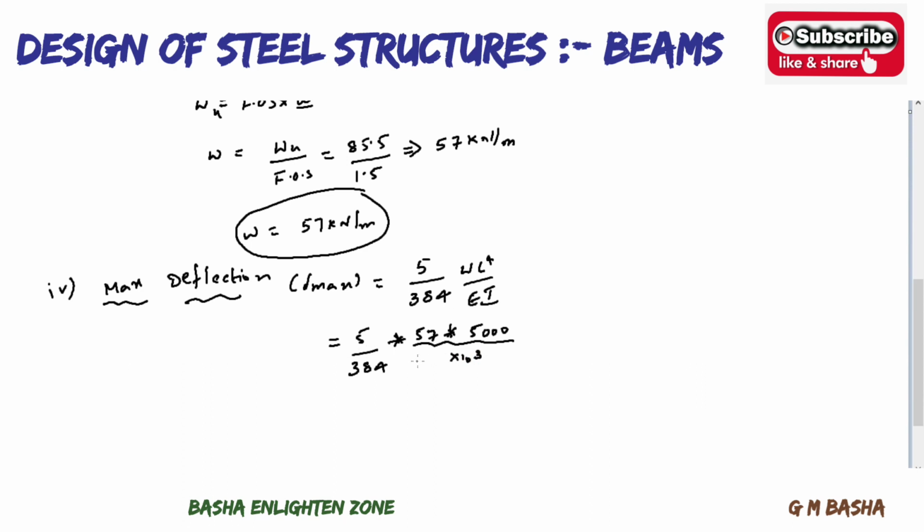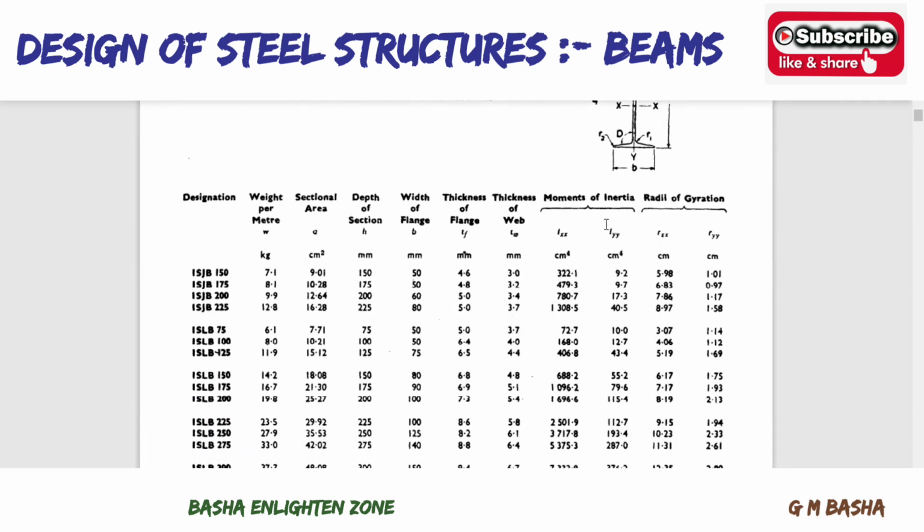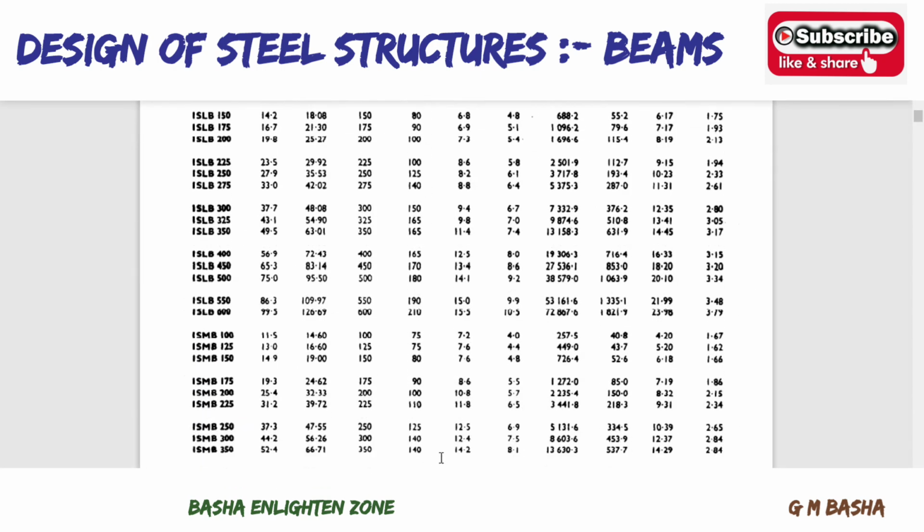E value will be 200 kilonewton per mm square. All the values we are taking in mm. What about this I? Check the I value in the steel code book. It will be Ixx.